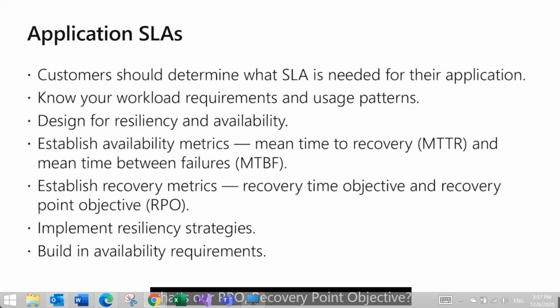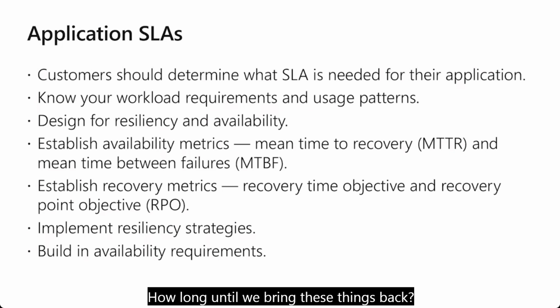Application SLAs: when you start building those requirements designed for resilience and availability, you determine based on what those application needs are going to be. Look at the metrics behind that application. How long does it take to recover, or how long do we tolerate failures? If you have recovery inside of that, what's our RPO, recovery point objective? What's our RTO, recovery time objective? How long do we take to bring these things back? So when you start looking at your applications, you have to look at a lot of factors.